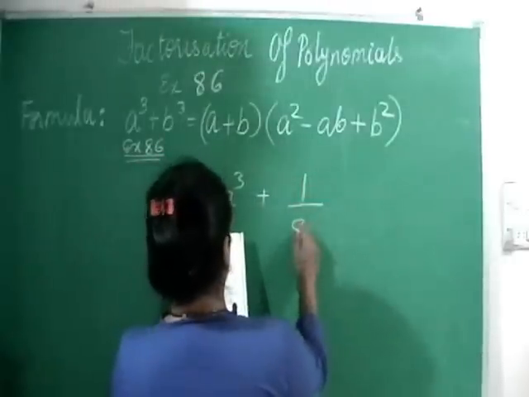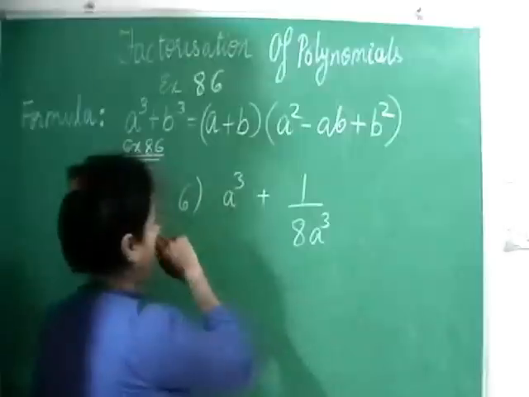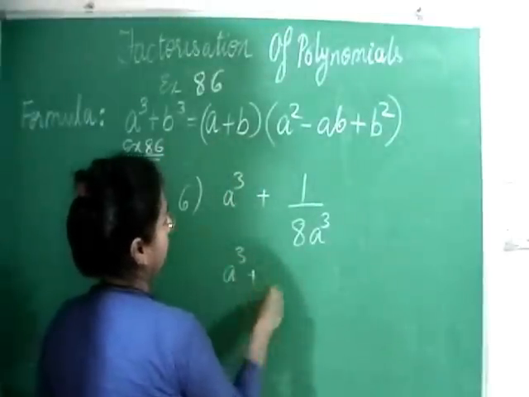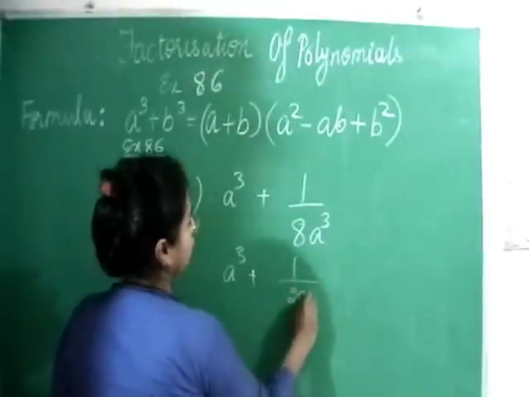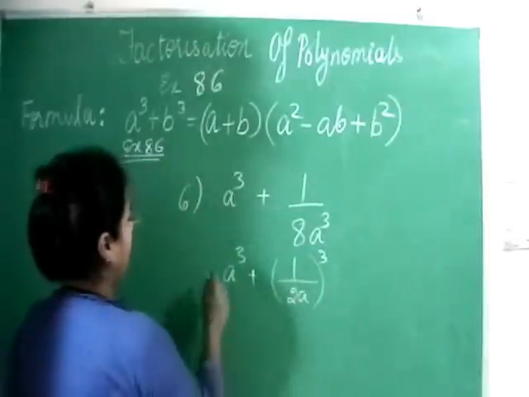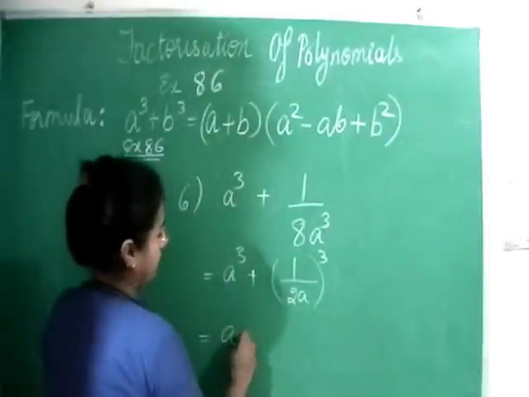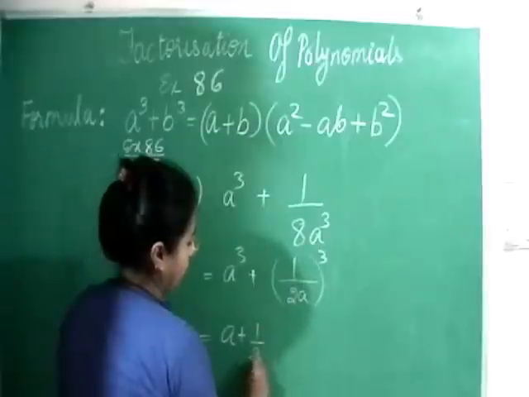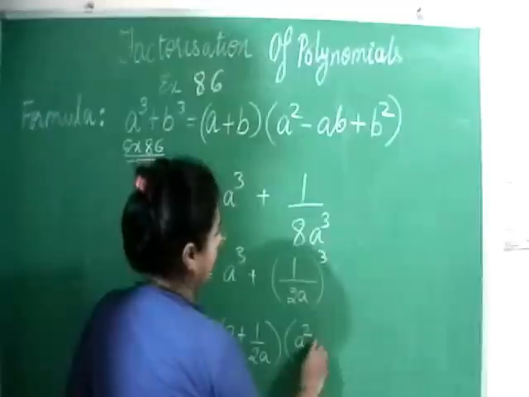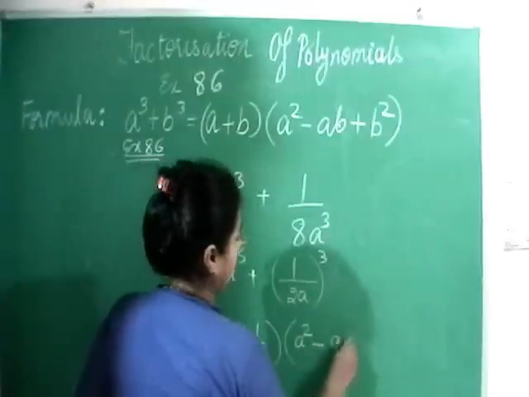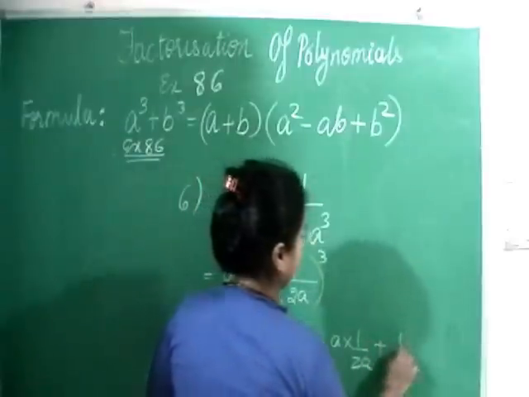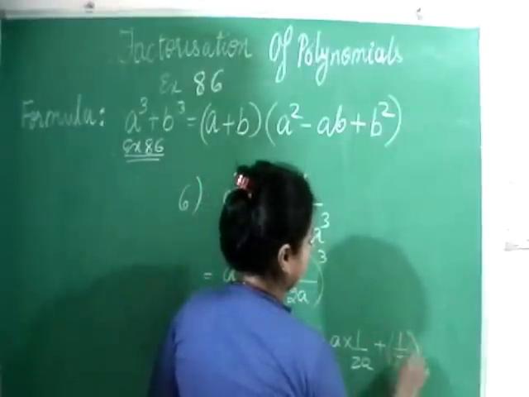I will write this question in this form: a cube plus 1 upon 2a the whole cube. Isn't it same like this? Apply the formula. a plus 1 upon 2a and the new bracket is a square minus a into 1 upon 2a plus 1 upon 2a the whole square.